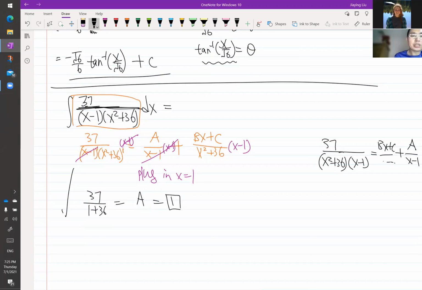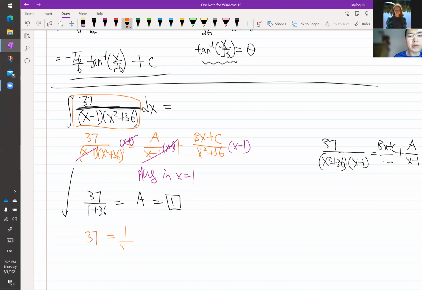So to continue this, to find b and c, what we're going to do is take the original one, the one I wrote in orange. I'm going to multiply by the denominator on the left to every term. So if I multiply by the denominator to all terms, before I cancel out the x minus 1, I get 37 equals A. Let me write it down.